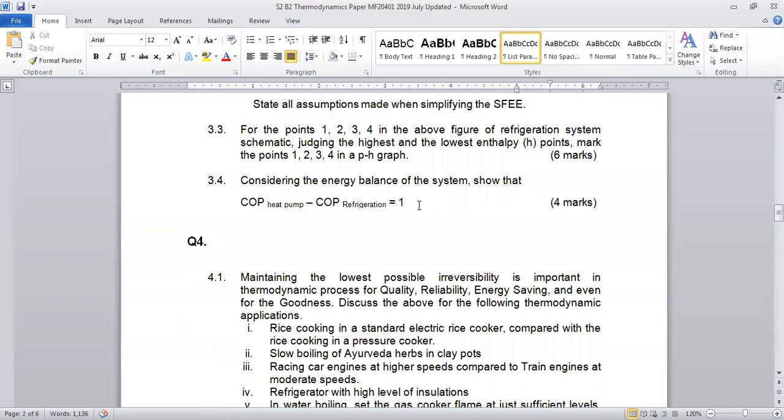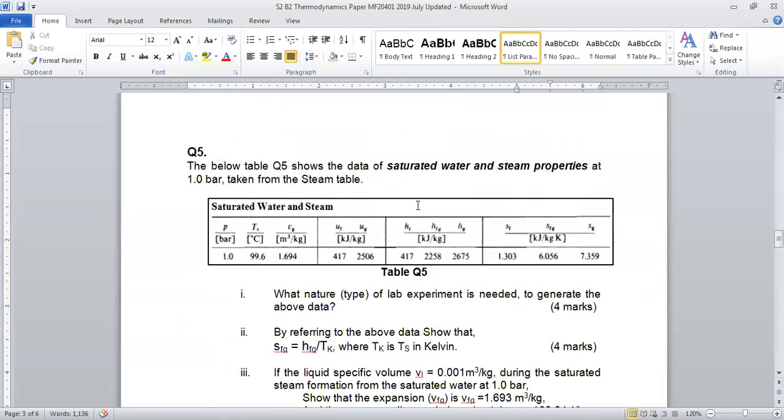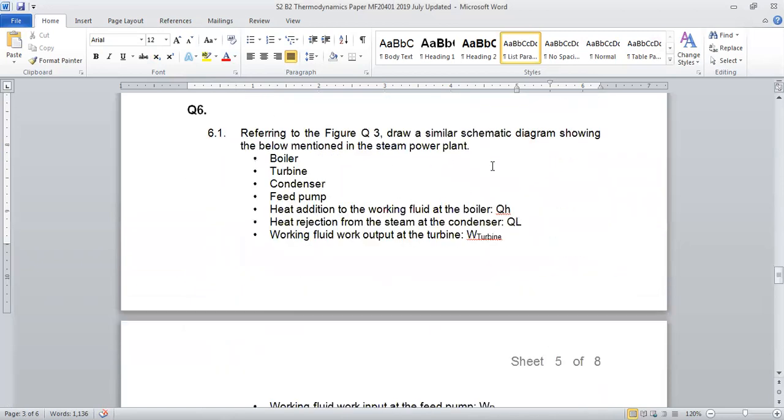Asking to draw the vapor power cycle, draw a schematic similar to that shown for the steam power plant. So you have to do this. Referring to figure 3, you have to develop this and you have to show all.